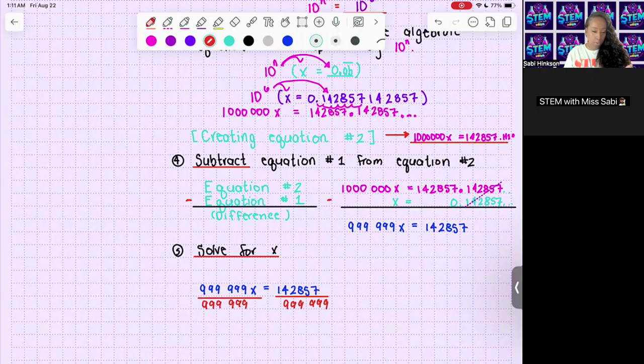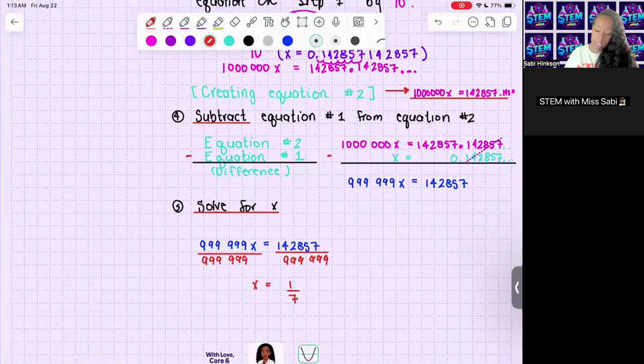So 142,857 divided by 999,999, and it gave me 1/7. So you can try that out on your calculator. When you do 1 divided by 7, it should give you 0.142,857 repeating. Okay, so that's example number 2. Then we have one more example, and then I'll let you go.